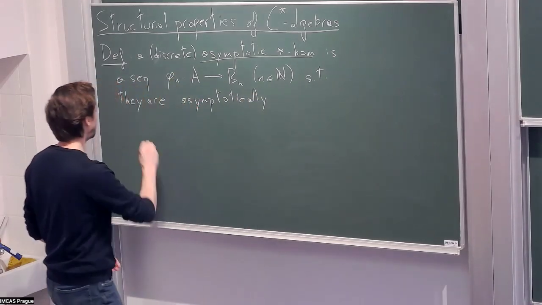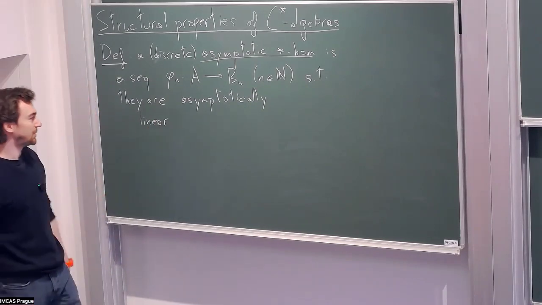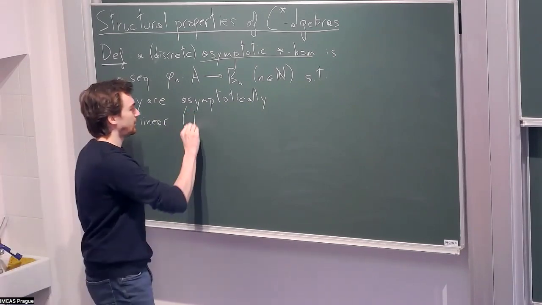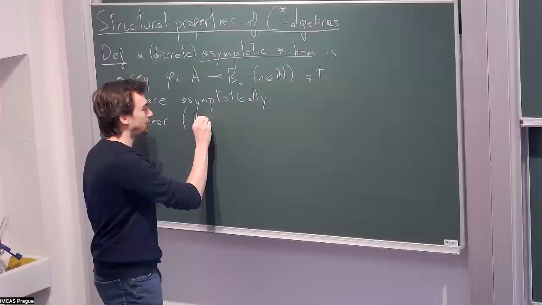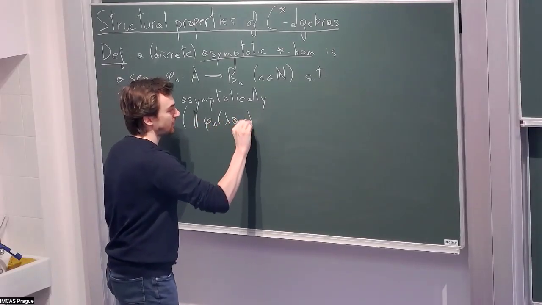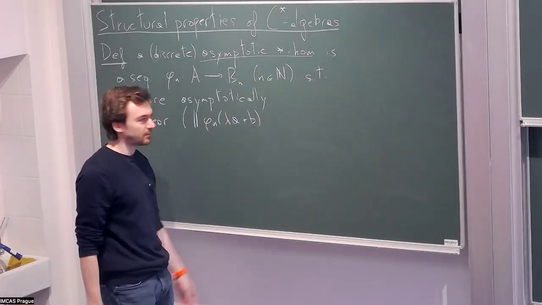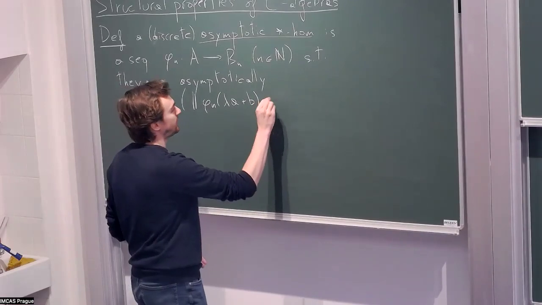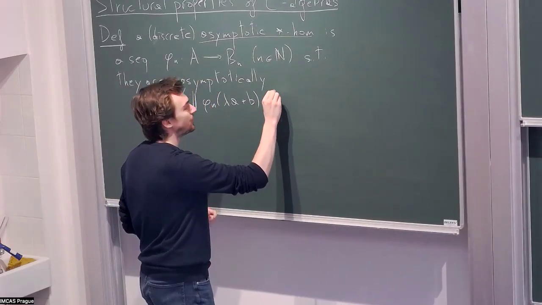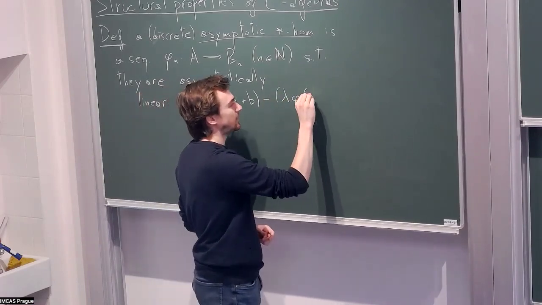So, say, linear. So what does this mean? It means that if we have two elements a and b and a scalar lambda, then approximately in norm we can linearize this.